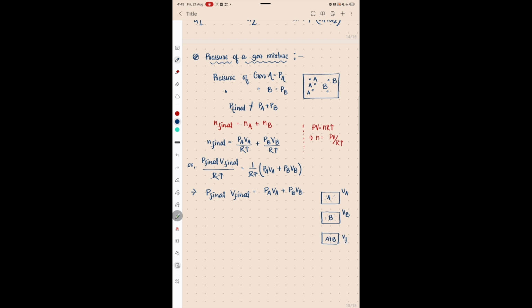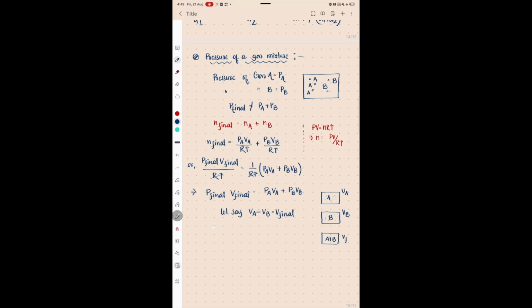Now what I am saying is that these volumes are the same. Let's say gas A was in a 10-liter container, gas B was also in a 10-liter container, and when they got mixed, they were mixed in a 10-liter container only. So that means VA is equal to VB is equal to V final.